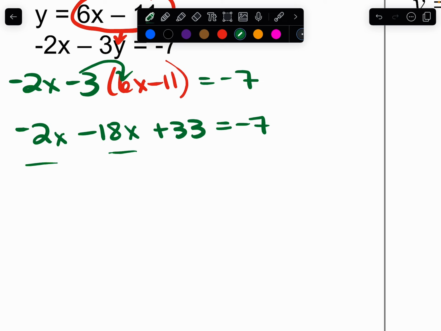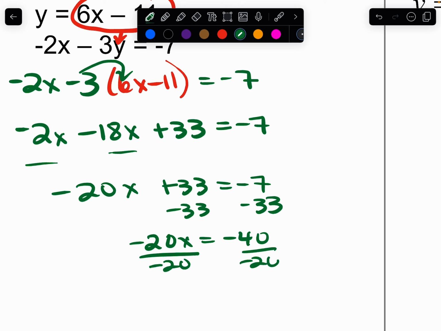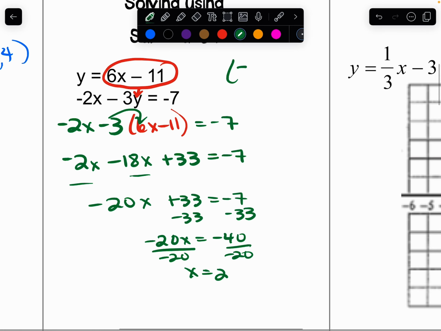I combine like terms and get negative 20x plus 33 equals negative 7. Subtract 33. I get negative 20x equals negative 40. Divide by negative 20 and get x equals 2. So 2 is the x value.